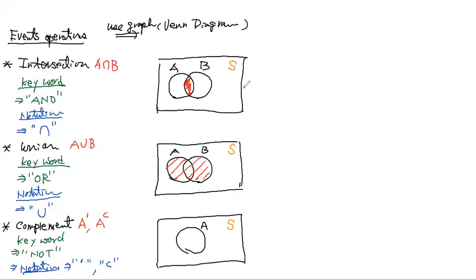That means everything not in A. So this is what I mean by A prime. That's why we say you can use the Venn diagram to represent it.